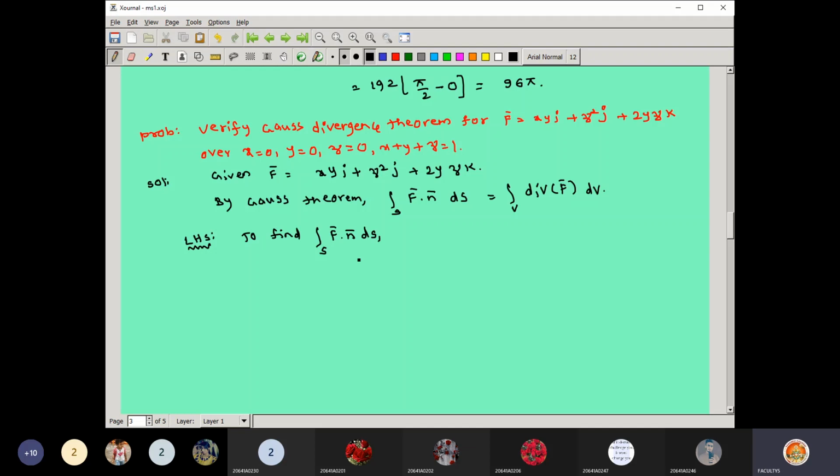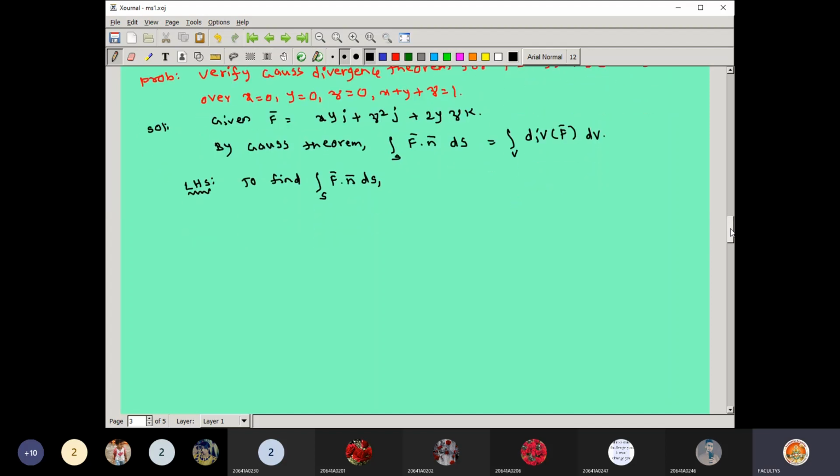So once f bar is given, you need to identify the plane. Shall I take xy plane, yz plane or zx plane? For your easiness, you can take your xy plane so that you can easily calculate the corresponding value. Whatever the expression may be, you just look onto your previous classes.